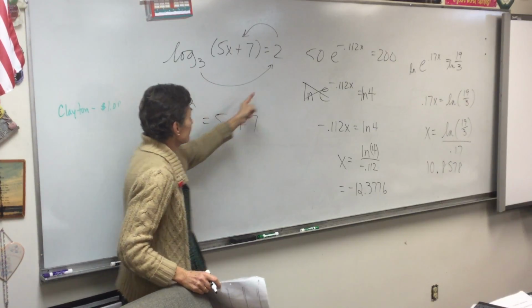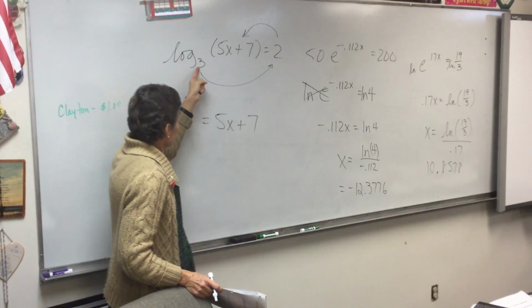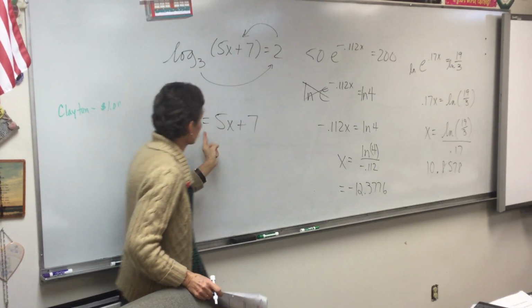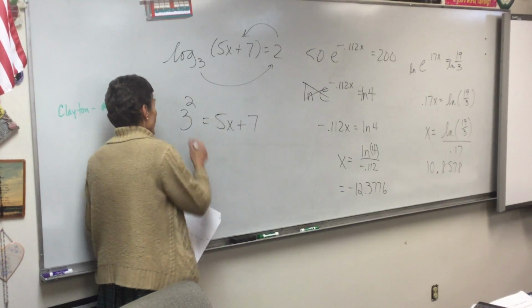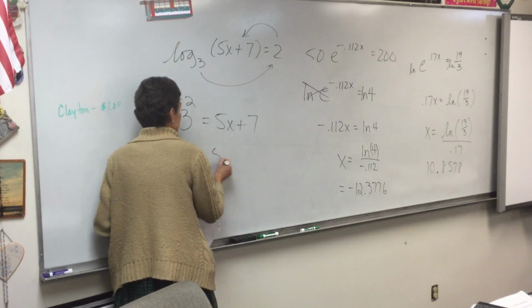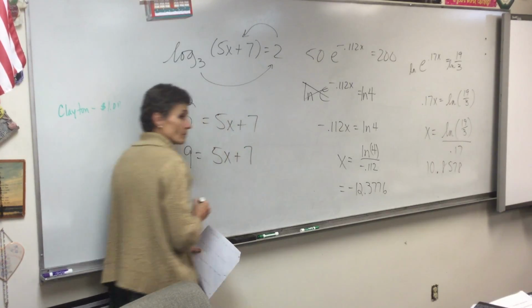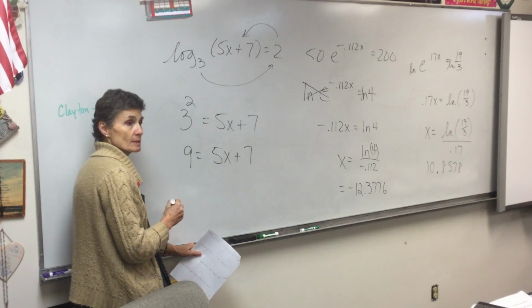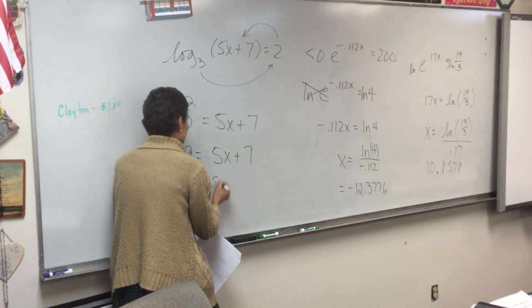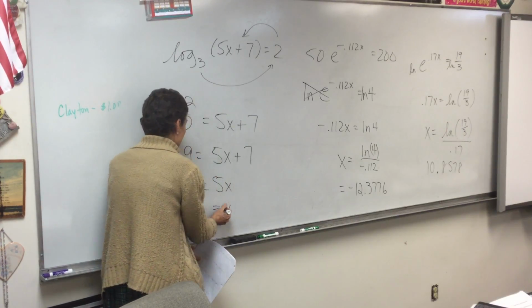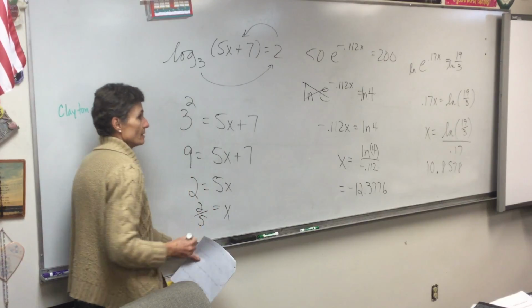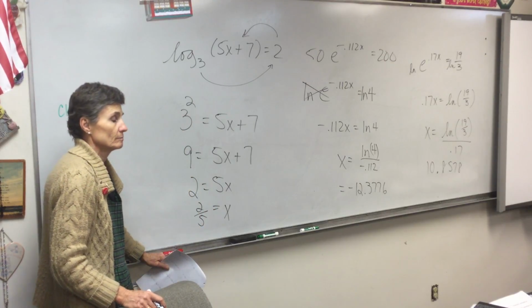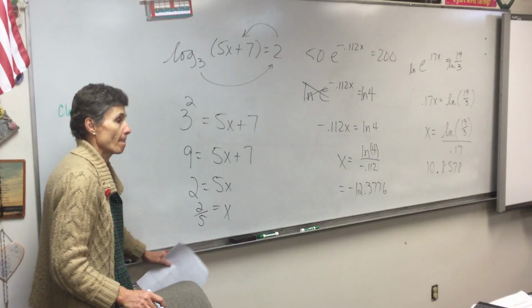Well, everybody knows 3 to the second is 9. Subtract 7. And the answer to the problem is 2/5. Whoa.